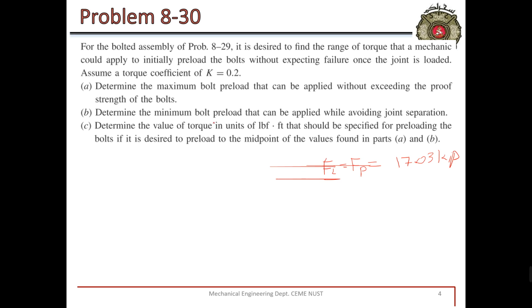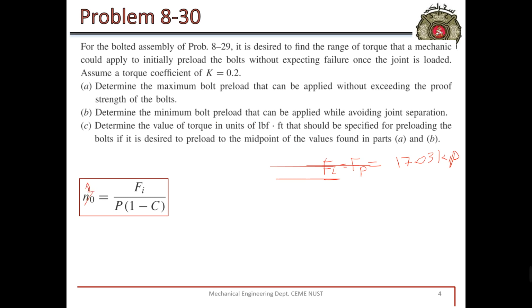In the second part, they said to determine the maximum bolt preload that can be applied while avoiding joint separation. Now we have to calculate another value of Fi, which is to avoid joint separation. This is the equation for joint separation. To avoid joint separation, this value has to be at minimum equal to 1.